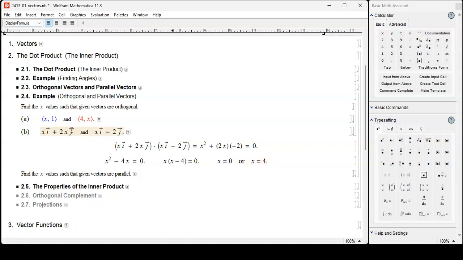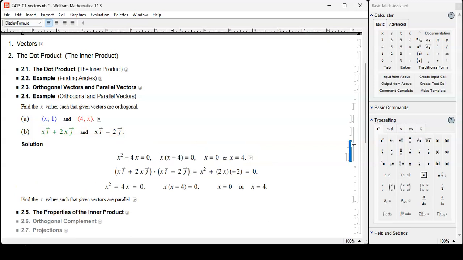Plug in x equals 0, then this vector, which I just highlighted in green, will turn out to be the 0 vector, 0, 0. So that's a bit trivial. Now, if I plug in x equals 4, then everything will be fine.